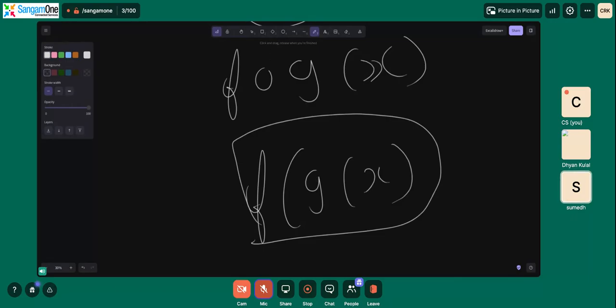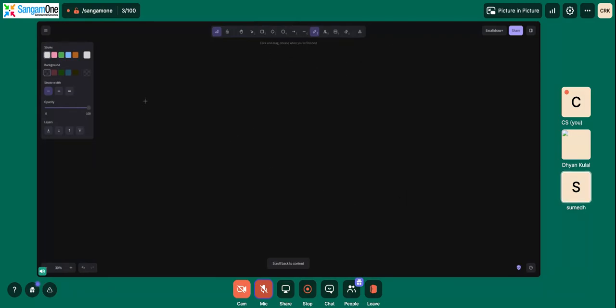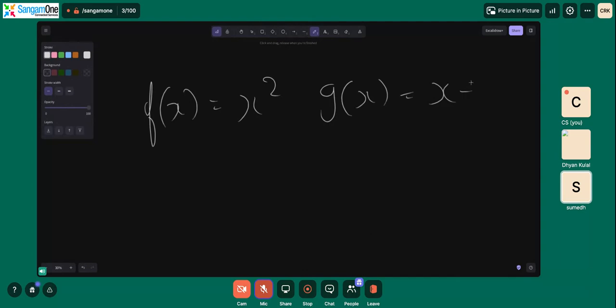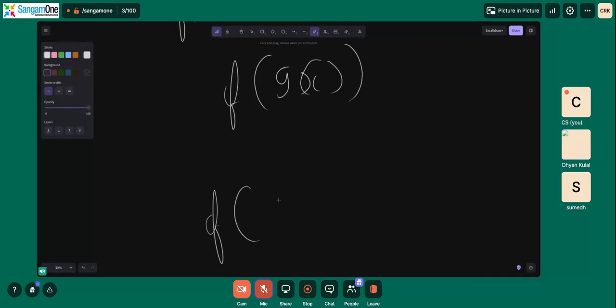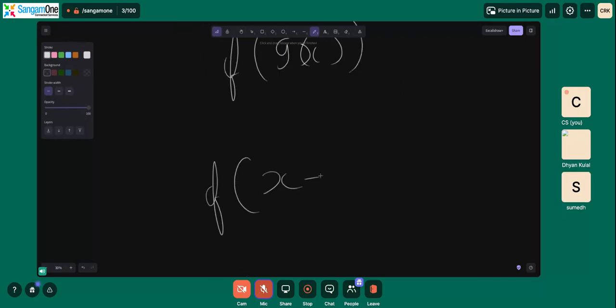One good example for this would be: imagine f of x equal to x square and g of x is equal to x plus 1. So now we are doing f of g of x. How can I do this? First, g of x. What is g of x? X plus 1.